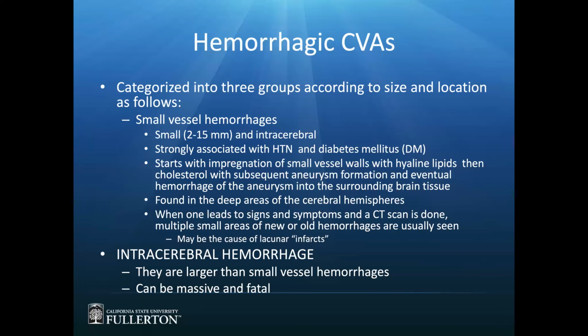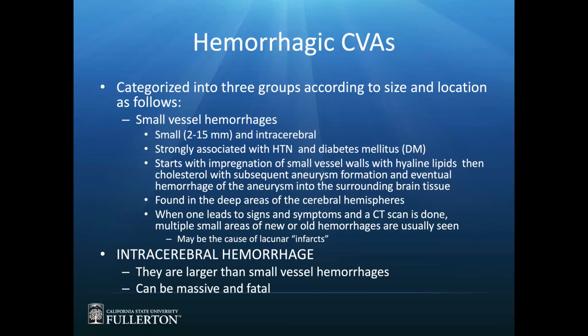This disease process, small vessel hemorrhages, is strongly associated with hypertension and diabetes mellitus. So when you see patients who have them, very good chance that in their medical history they have one or both of those two disorders, which are risk factors for that type of hemorrhage.